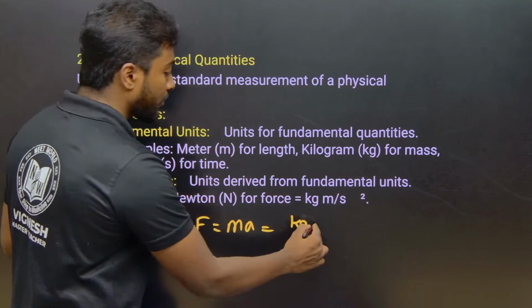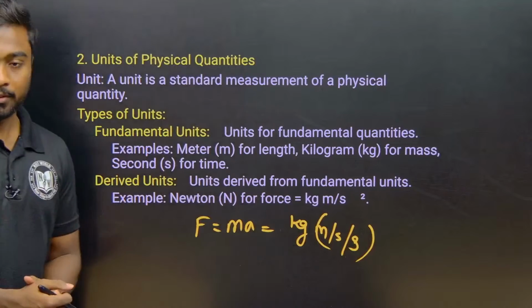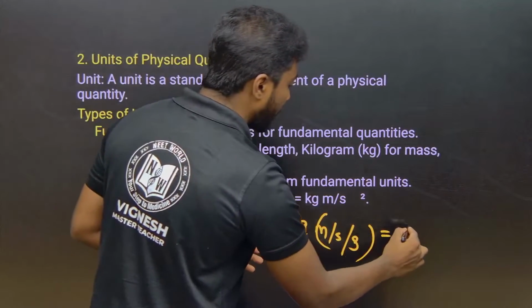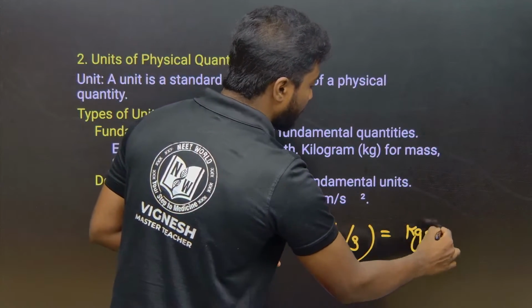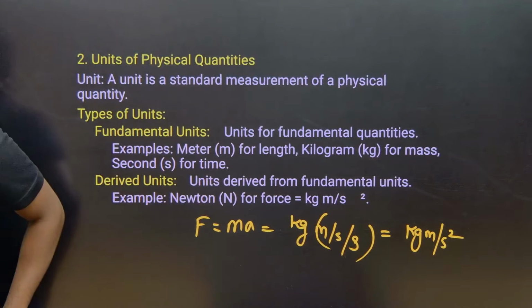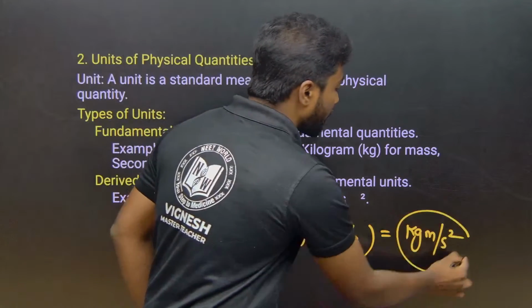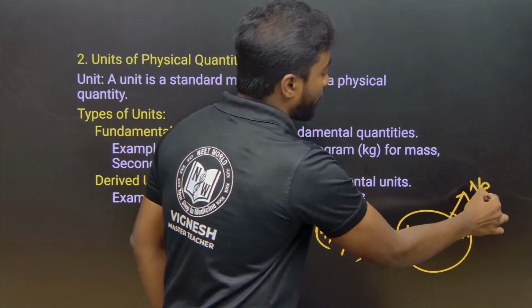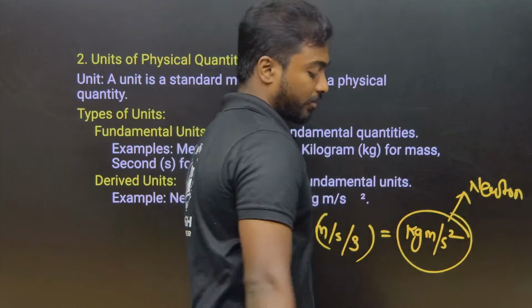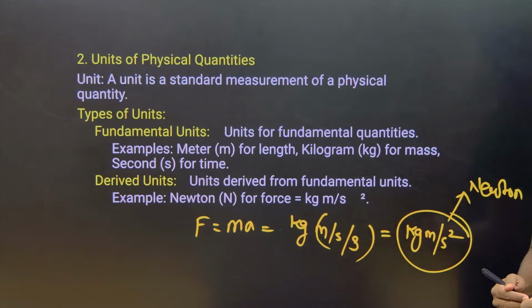So velocity is meter per second, right? So final formula will be kg meter per second square. This is the thing for force, okay, which is nothing but Newton, we'll say, no. Force is Newton. So 1 Newton is equal to 1 kg 1 meter per second square.